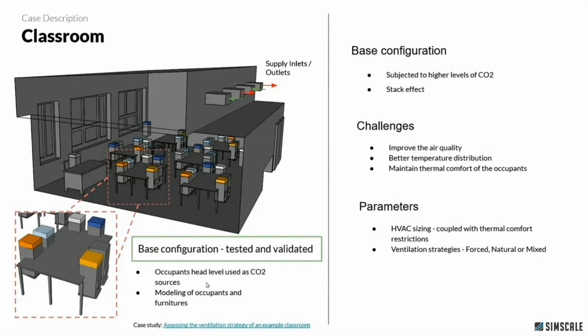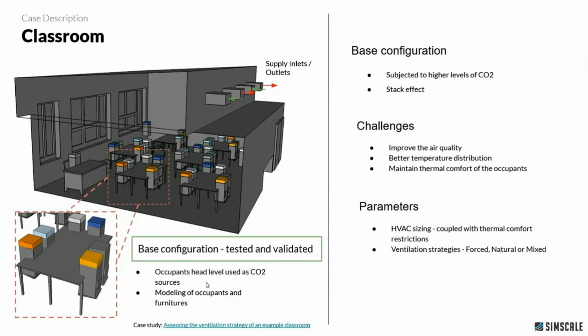Let's take a look at what the base configuration provides at the existing level and what the challenges are that we need to address to make the ventilation strategy optimal. There are two major issues in the base configuration. The first is that the indoor space considered here is subjected to higher levels of CO2 concentration.